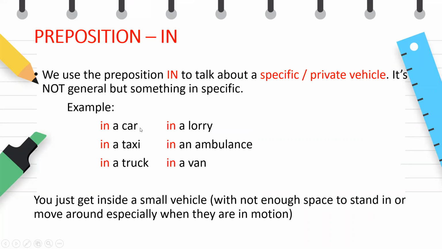For example, we can say in a car, in a taxi, in a truck, in a lorry, in an ambulance, in a van. So this is how you get inside a small vehicle where there is not enough space to stand in or move around, especially when they are in motion.